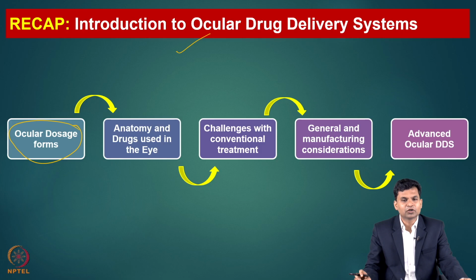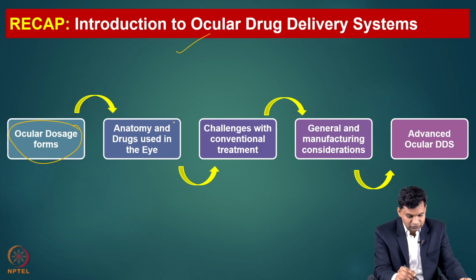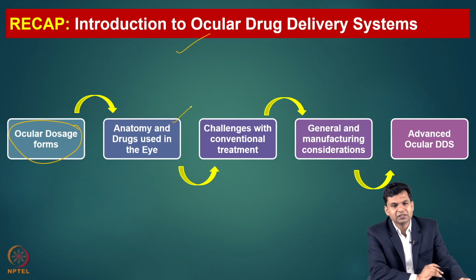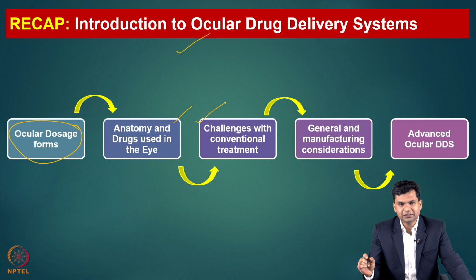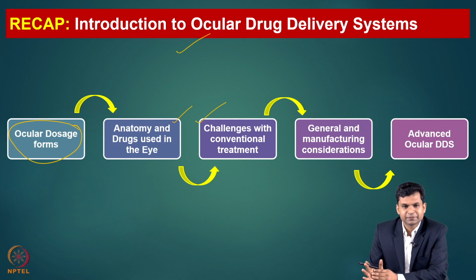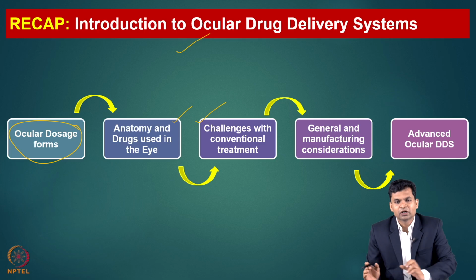And then we focused on the anatomy of the eye, and then we saw the drugs which are used for the treatment of various eye diseases, and later we saw the current challenges with the conventional treatment of ocular dosage forms.